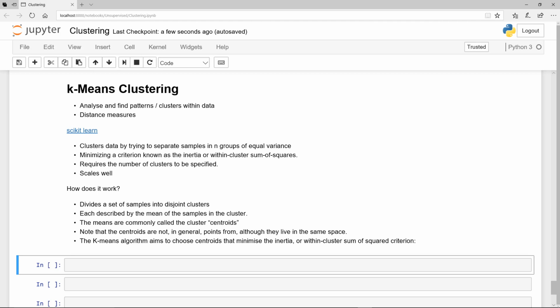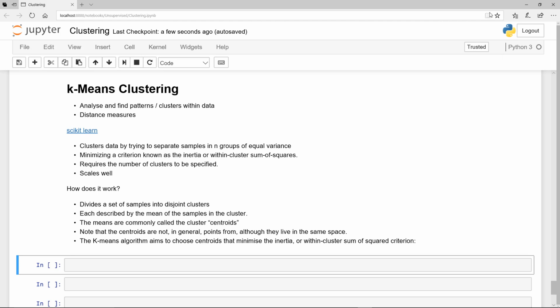Now these means are commonly called the cluster centroids. Take note that these centroids are generally not points from those samples, although they live in the same space. Let me just plot this out a little bit just to illustrate the point.